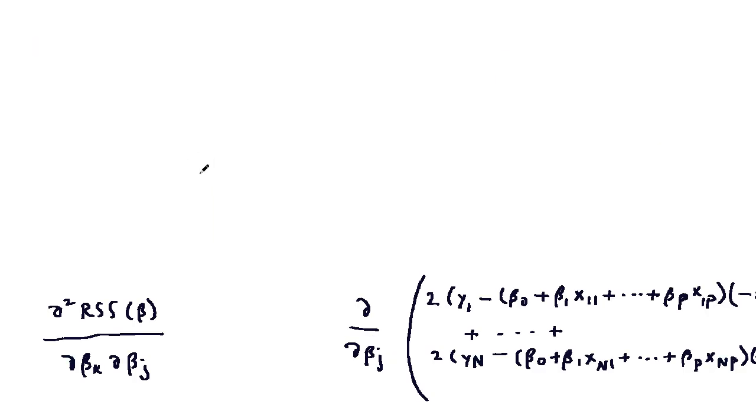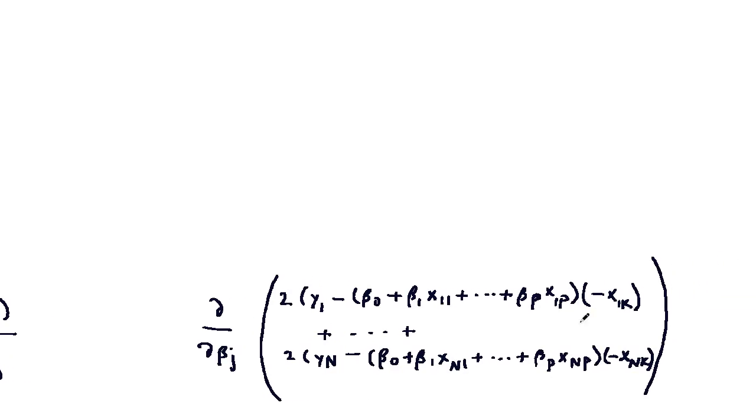If we take the second derivative of RSS of beta, say the derivative of RSS of beta first with respect to beta k, then with respect to beta j, we get the partial derivative with respect to beta j of this here.